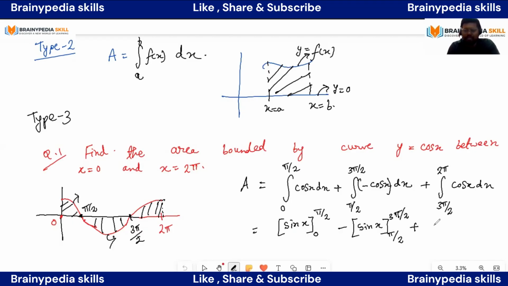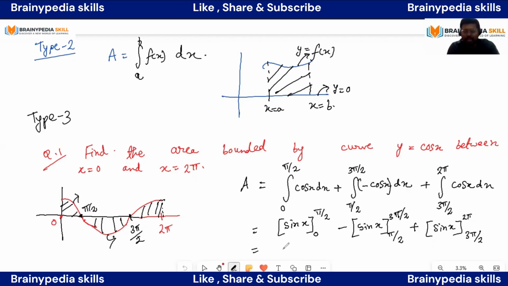Then positive sin x from 3 pi by 2 to 2 pi. I'm directly substituting the values into the integrated value. Now substitute the values, and check how much you're getting.